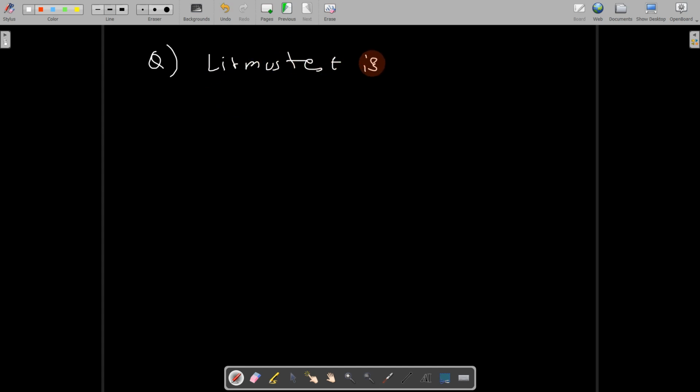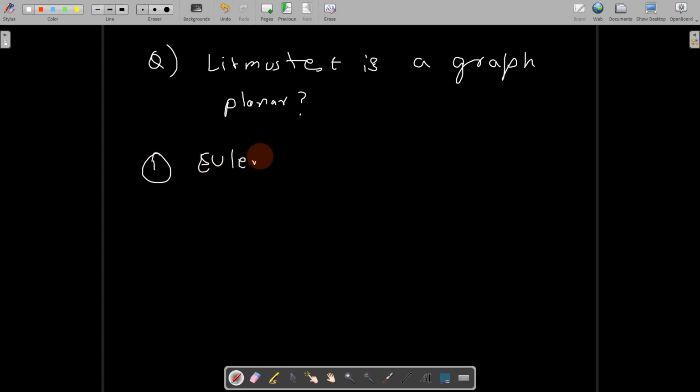Is a graph planar or not? How do we know that? Okay, the first thing that you can use to test is Euler's formula. Euler's formula says if a graph is planar, then definitely this condition will hold too.